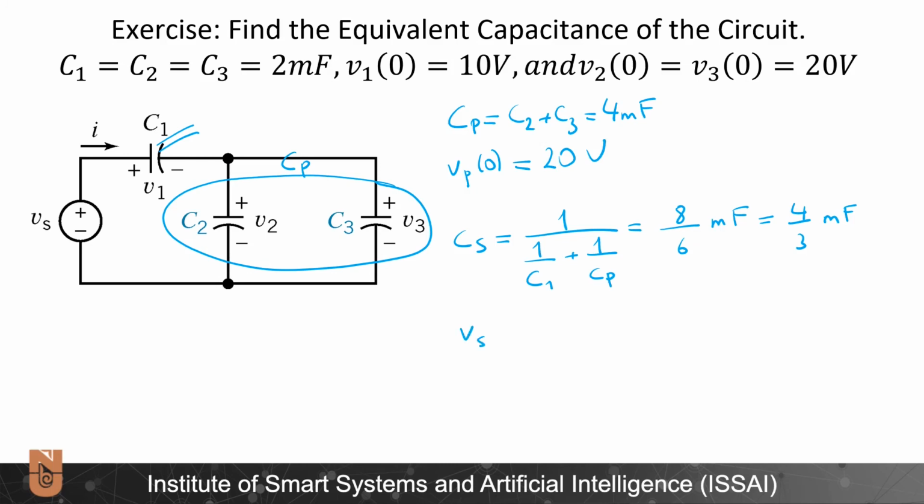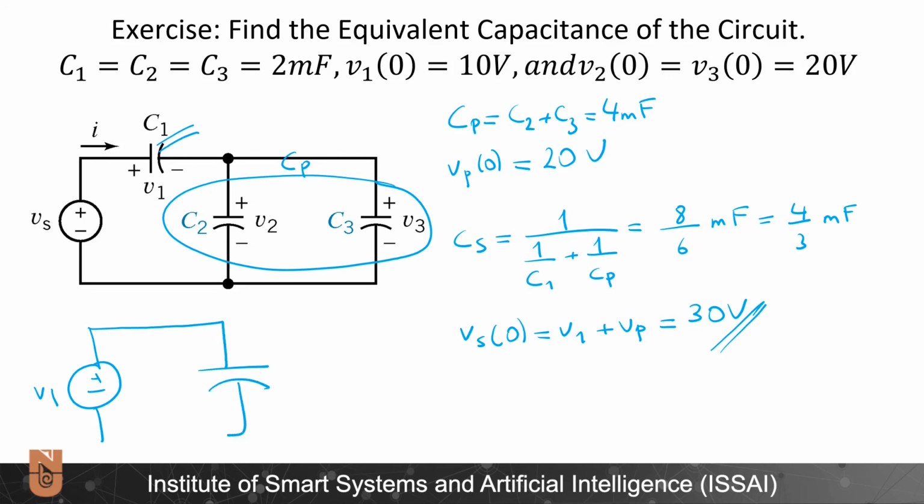So the series voltage at time equals 0 will be voltage 1 plus the parallel voltage, and it will be equal to 30 volts. And the whole circuit reduces itself to a single voltage source and single capacitance, which is 4 over 3 millifarads with the initial voltage of 30 volts.